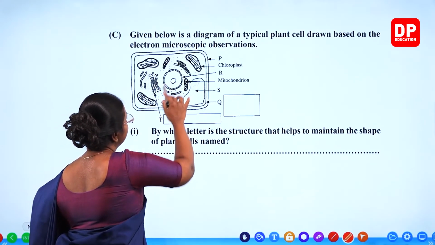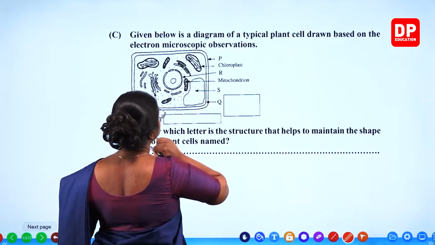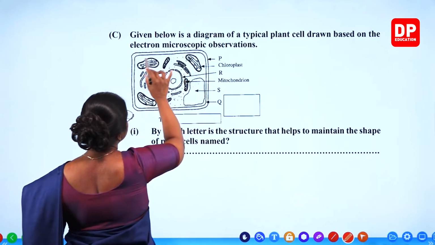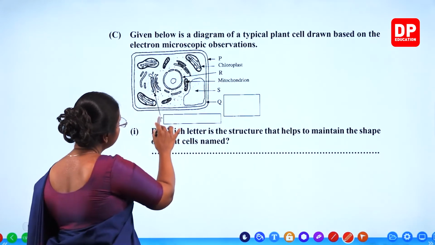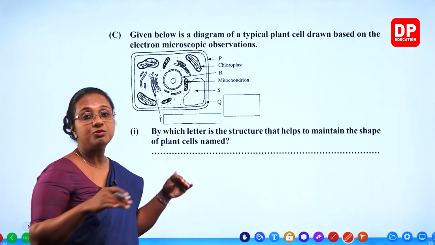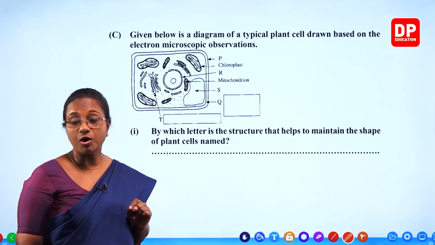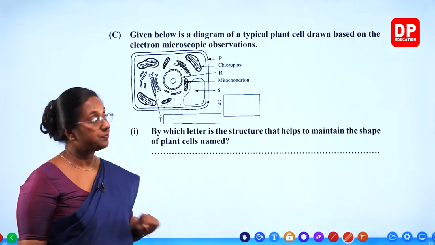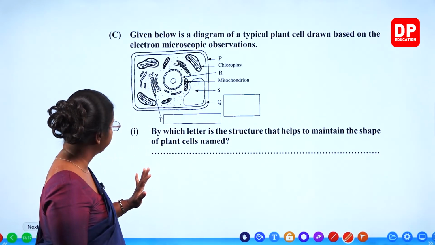And here inside you can see the nucleolus also. So that is R is the nucleus. Then here you can see another structure, chloroplast. Then here you can see what is labeled as T is the membrane bound sac-like structures with the vesicles, that is the Golgi body or the Golgi complex. So you can identify all the structures and organelles given there.